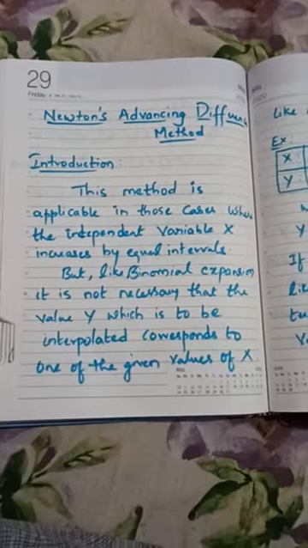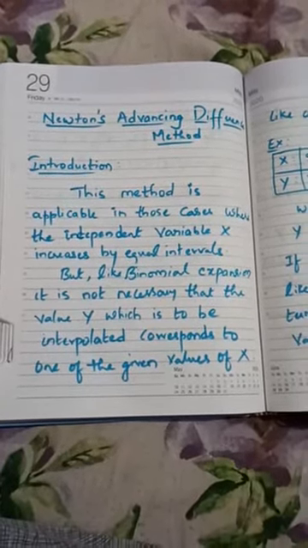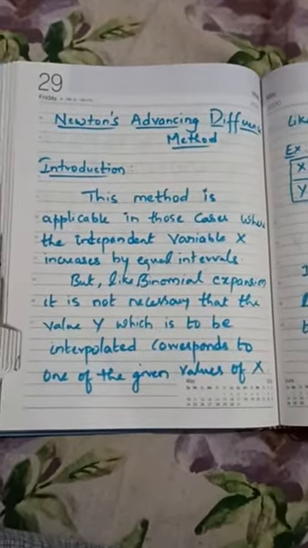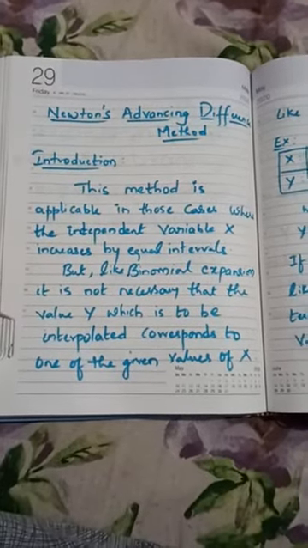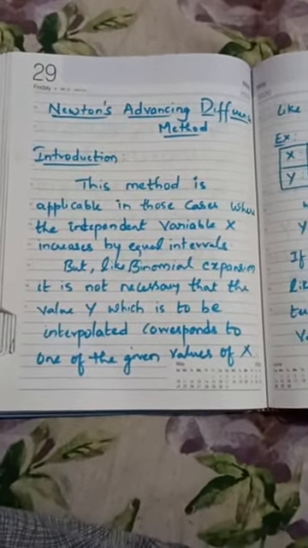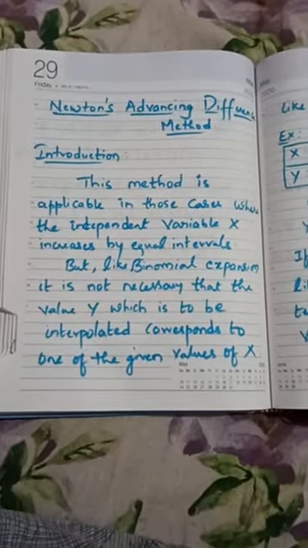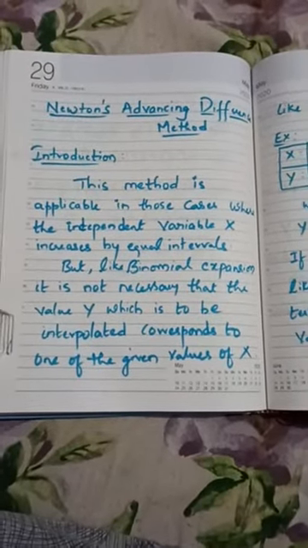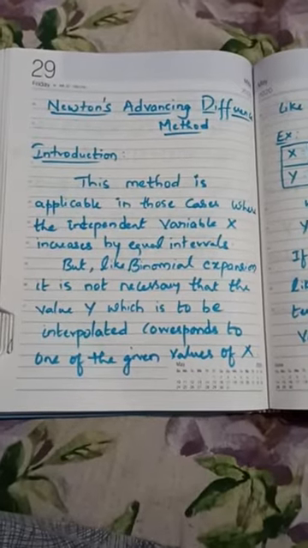At the same time, a common difference in the independent variable x must be followed. In the binomial expansion method, the table clearly shows which value is missing, and the missing value corresponds to a particular x. Only then can we identify that this problem could be solved using the binomial expansion method.